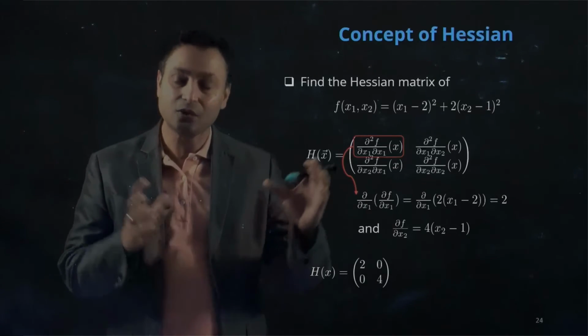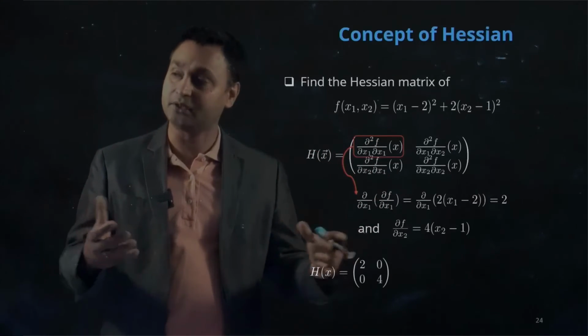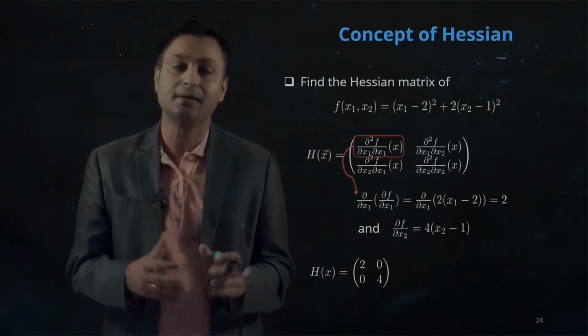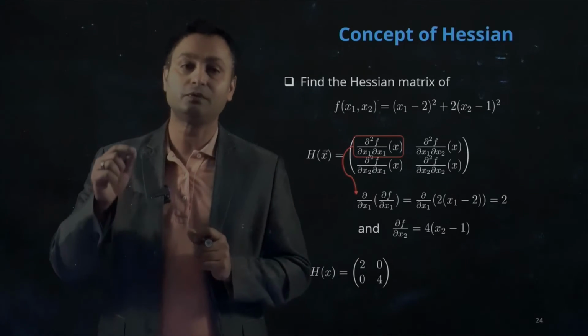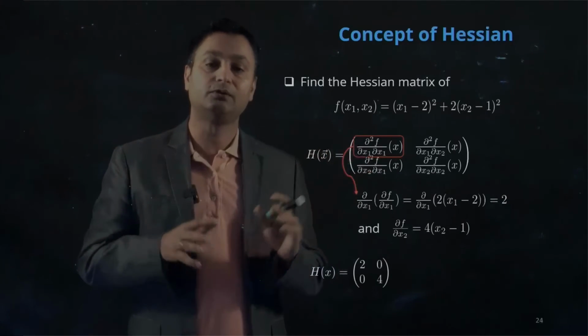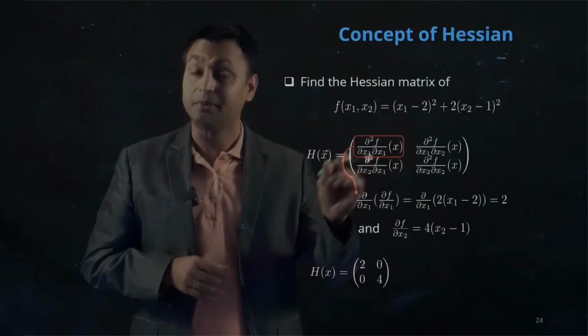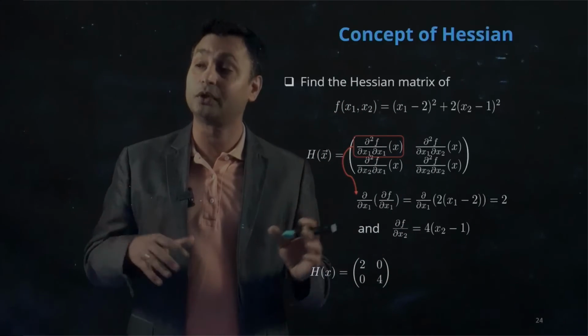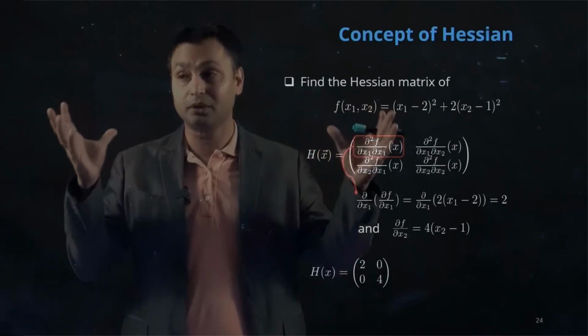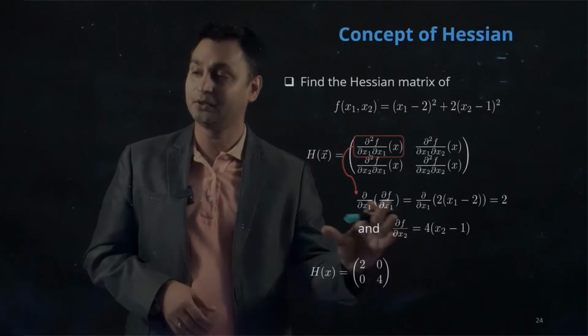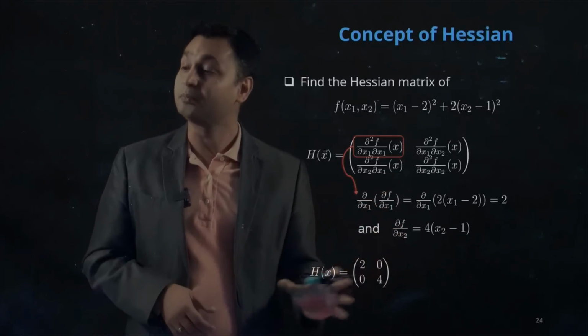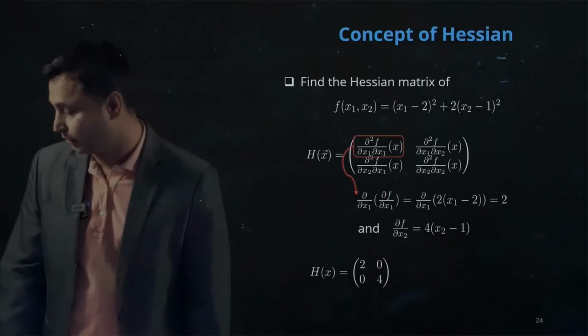So at each location in the landscape, this Hessian is essentially fixed, and even though we will be moving from iteration to iteration to different locations, the Hessian is not going to change for this problem. But that is not necessarily true for other problems. Depending upon what the function is, it might or might not depend on x1, x2, and so on.